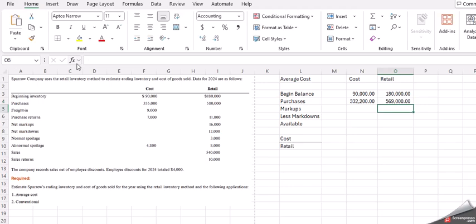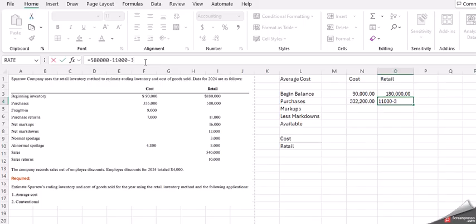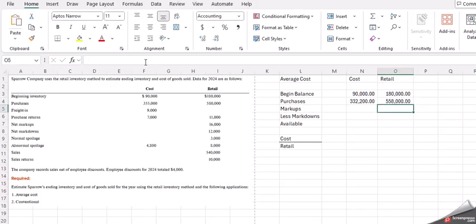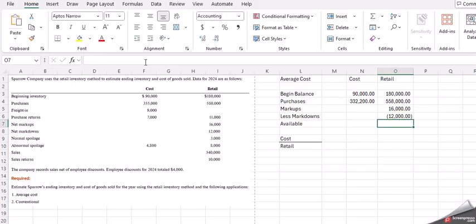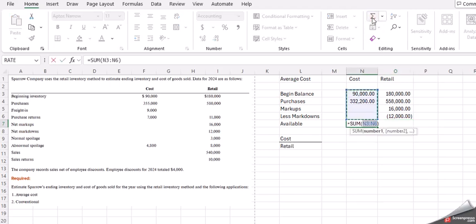And then normal spoilage and abnormal spoilage, I guess, down below. Then our markup is 16,000, and that would just be on the retail side. And then our markdown is 12,000, again on the retail side. So if we add those up, it would give us what is available.